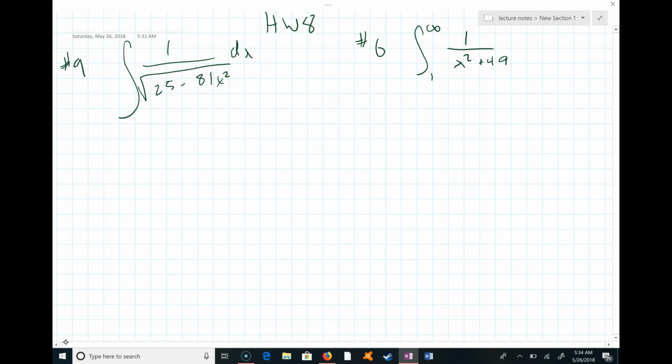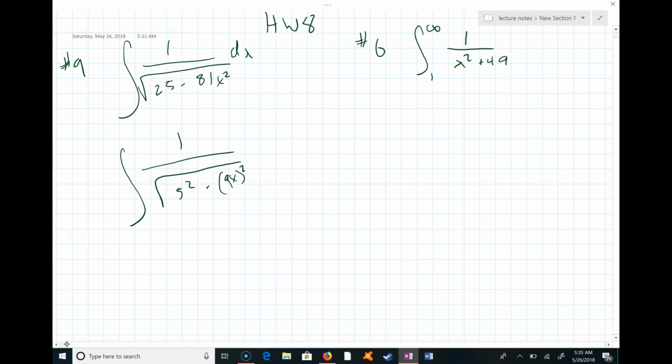So the first thing I would do is change this to the square root of 5 squared minus 9x squared, just so we can see what the a and so forth are. When we do that, it reminds me of the derivative of arc sine, except there's not a 1 there.